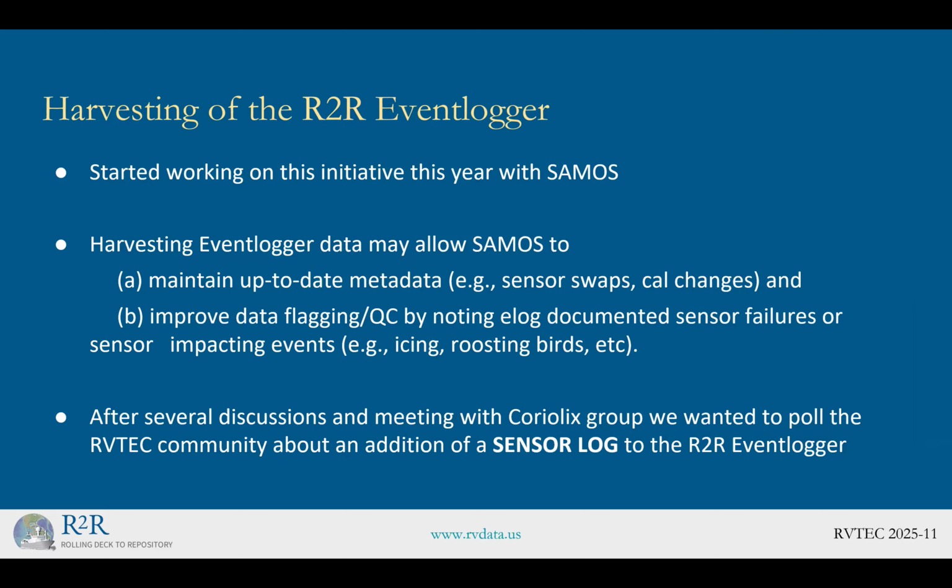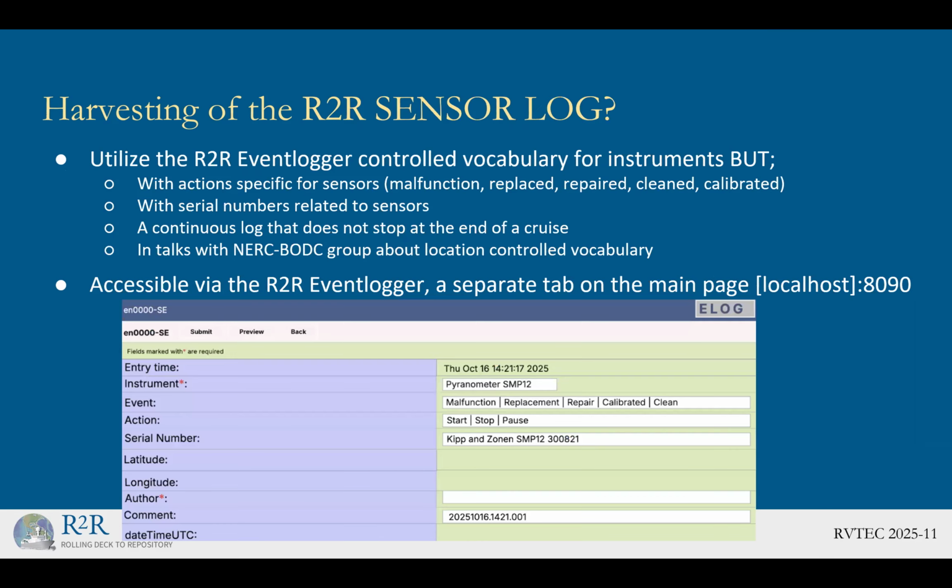Do we create a sensor log that's built on top of the e-log? The reason we are thinking this is that our current e-logger is cruise based, but sometimes you swap sensors when you're in port, or other things happen in port that won't be captured cruise by cruise.